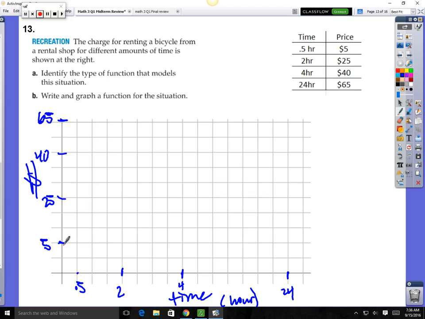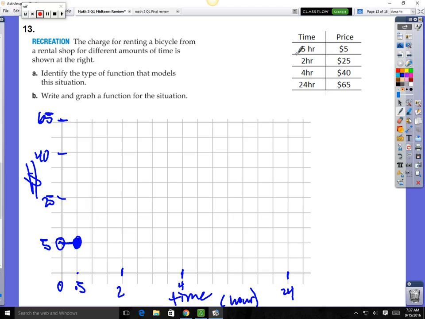So right here, we're going to circle that, we're going to circle that, and we're going to connect it. Anything from time 0 to a half hour is going to be $5. At time 0, you don't have to pay $5, so that's empty. This guy's got to be shaded in because at a half hour you got to pay $5.